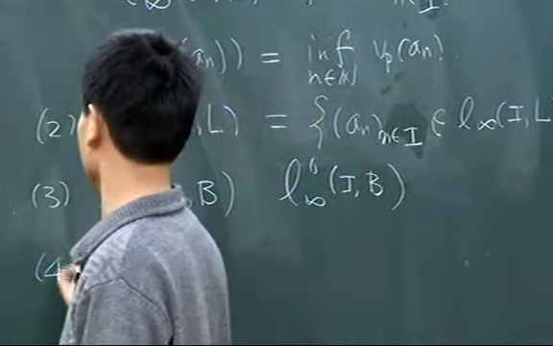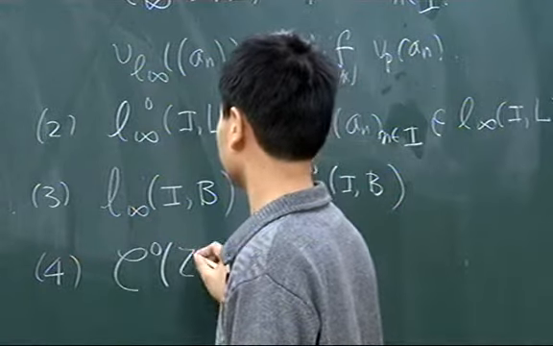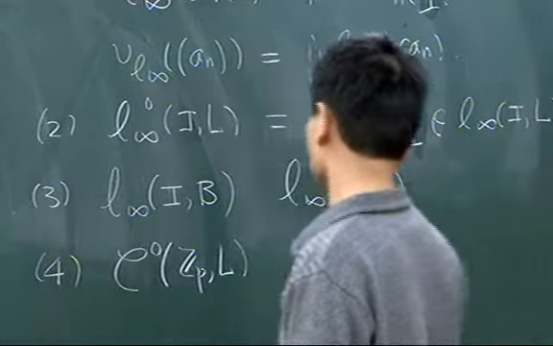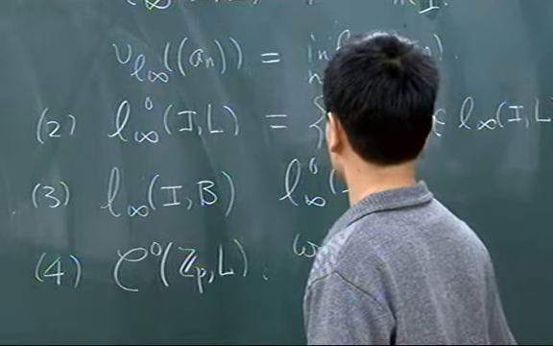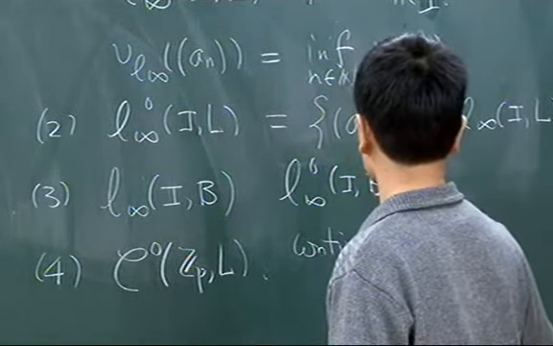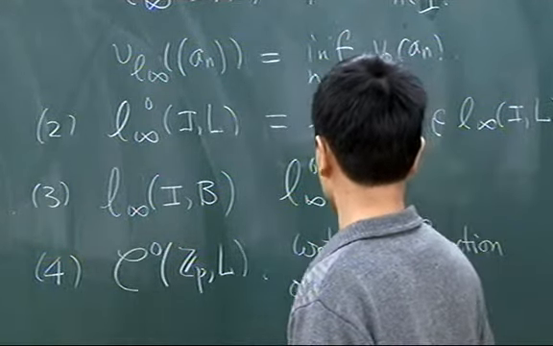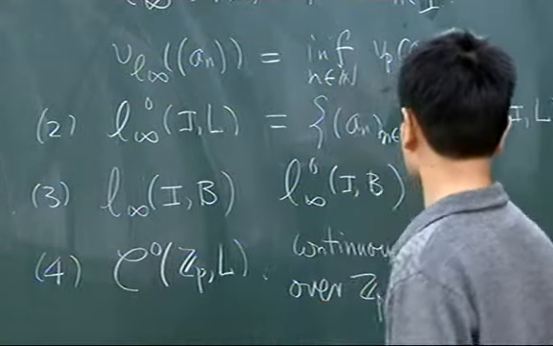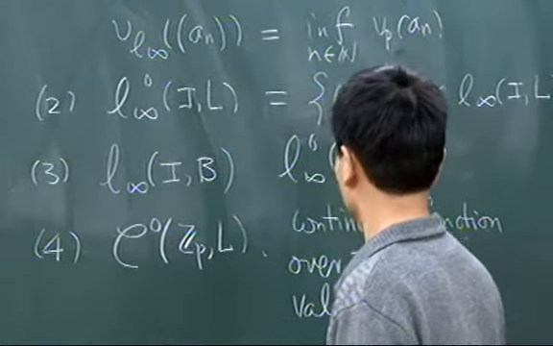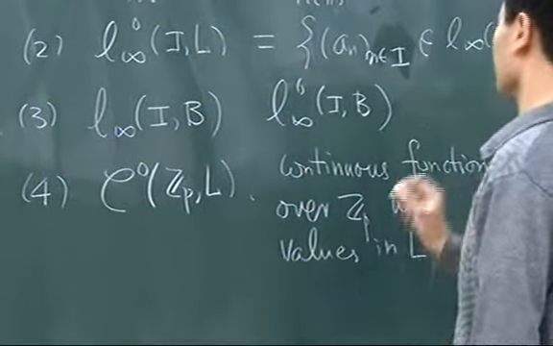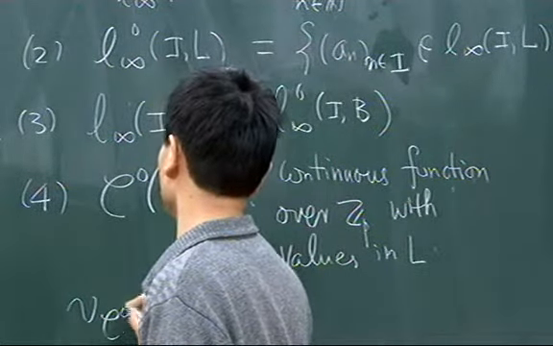The first thing we have is especially this: C^0(Z_p, L), the continuous functions over Z_p with values in L. But this one you can also define the valuation v_{C^0}.